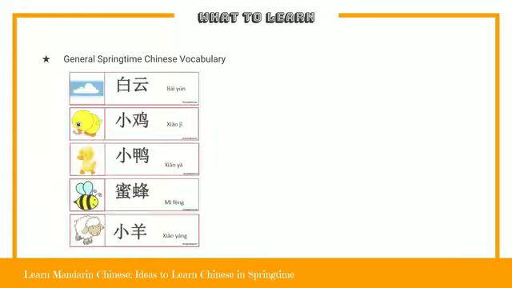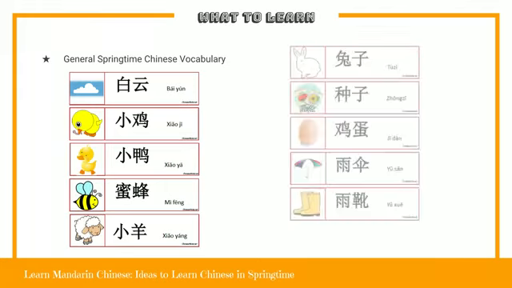Some vocabulary, for example, like 白云, that's the cloud, 小鸡, the chick, 小鸭, duckling, 蜜蜂, the bee, 小羊, lamb. Those words are quite interesting for the kids, and they can see all those objects in their daily lives, so they can be interesting for them to learn.